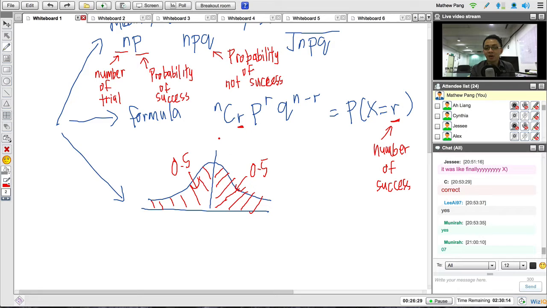Correct or not? Because 1 means what in probability? 1 means the thing must happen. So the probability for the left-hand side and right-hand side are symmetric, so here will be 0.5 and here will be 0.5. So you need to understand whatever content inside the bell-shaped diagram is probability.